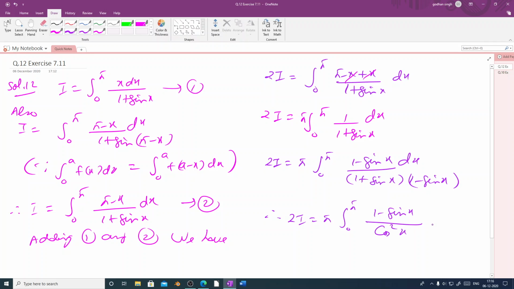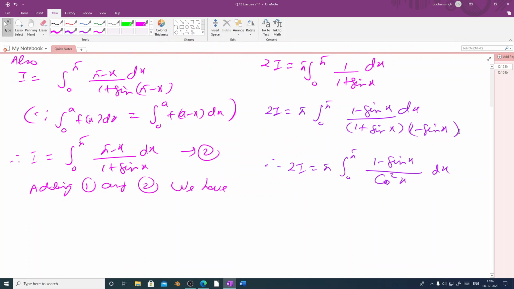So cos square x dx. I will separate it and see what we get. Therefore 2I equals pi times the integral from 0 to pi of 1 by cos square x, that is sec square x, minus sin by cos, that is tan x, and 1 cos still remains, so it becomes sec x, and here we write dx.